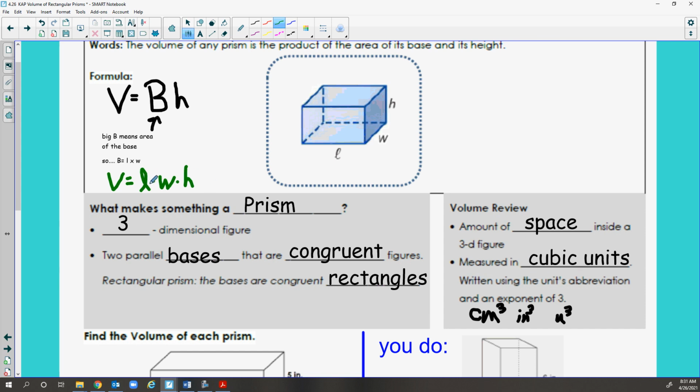Think about it. If we use our formula length times width times height, and our length is given in inches, our width in inches, and our height in inches, really what we're doing is taking inches times inches times inches.